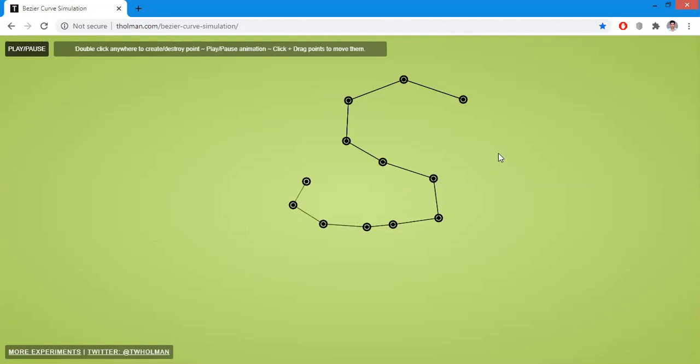It's nearly 12 control points. You can see 1, 2, 3, 4, 5, 6, 7, 8, 9, 10, 11, 12.